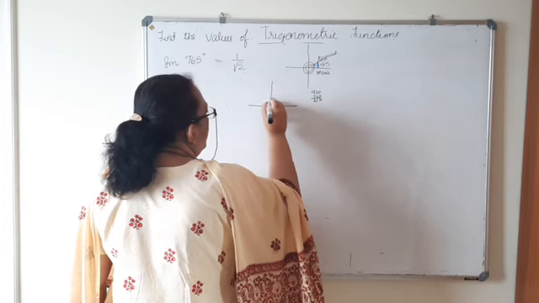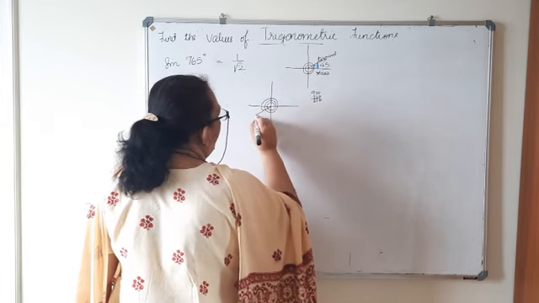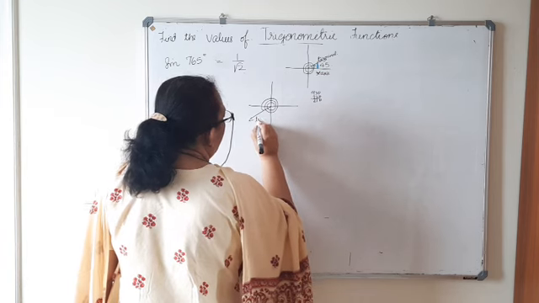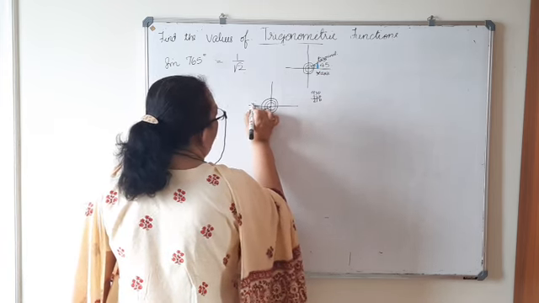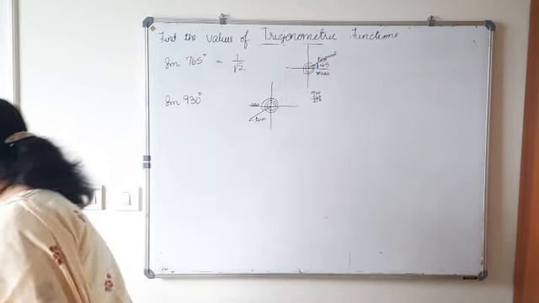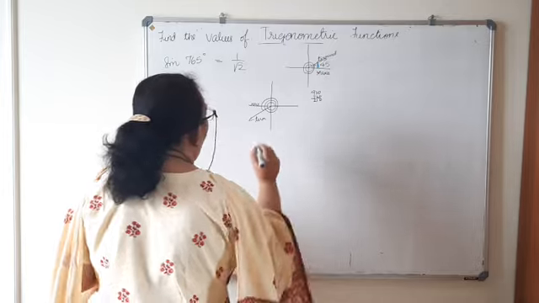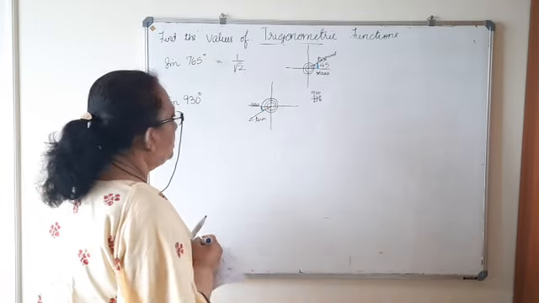From the x-axis it is 180, and 180 plus 30 gives you 210. So this is the terminal side and this is the x-axis. You find the angle between the x-axis and the terminal side. That is equal to 30.